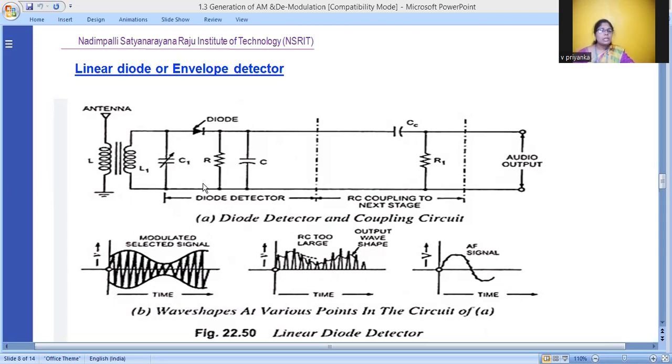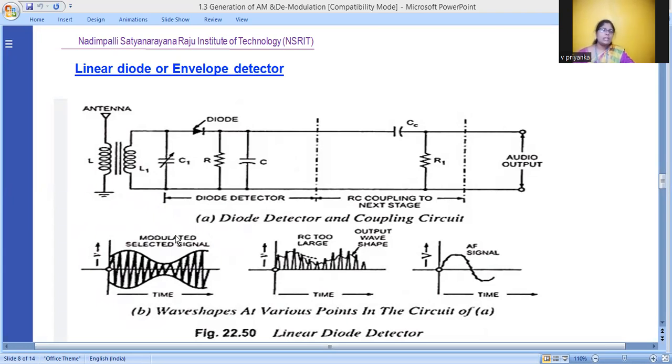The linear diode detector makes use of the rectification property of a diode. Such detectors are widely used in commercial radio receivers, and we use linear diode or envelope detectors for commercial purposes.